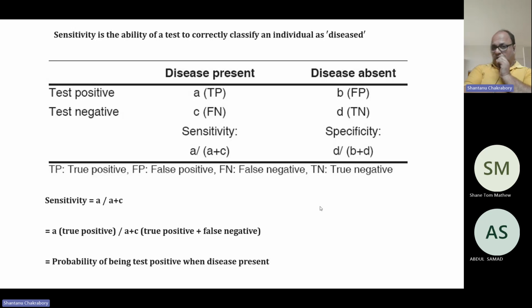So how do we find out the specificity and the sensitivity, the probability of being tested positive when the disease is present, the probability of being tested negative when the disease is absent?